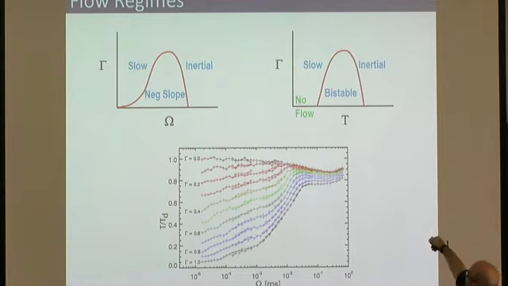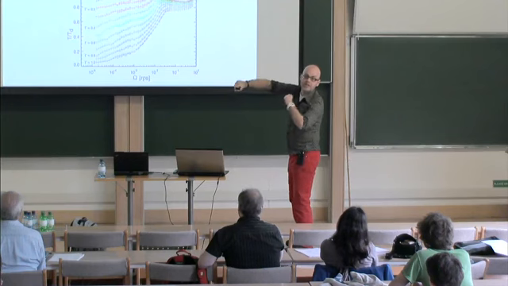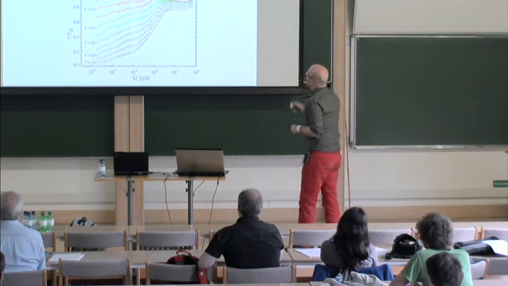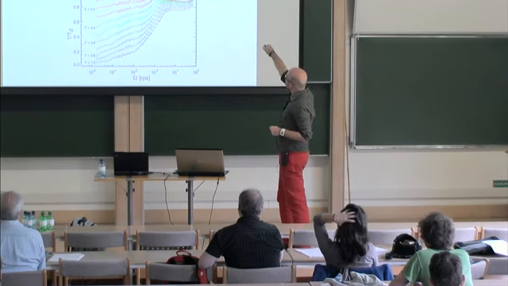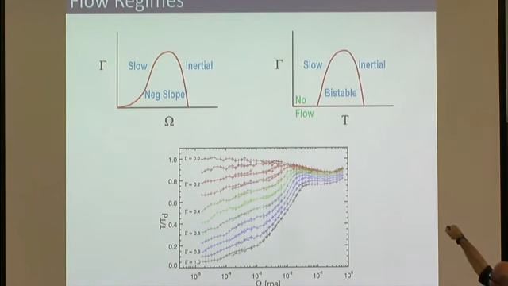But if you control the torque and the amount of agitation, I still have the slow and the fast flow. In between, I have this hysteretic regime, so the system is bistable. It can be either fast or slow. And the only part where you have no flow is this part on the curve where you don't shake the thing, right? Any amount of shaking will liquidize it.